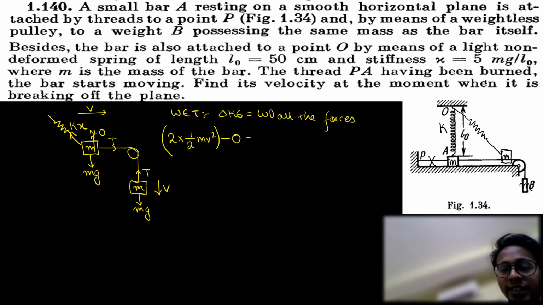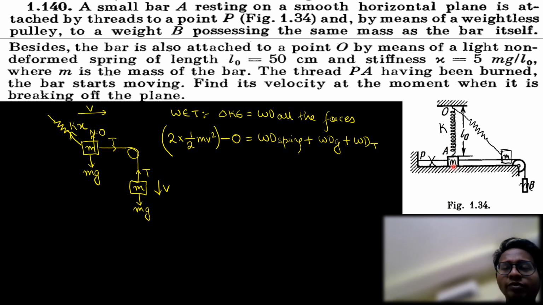What is initial kinetic energy? 0. Both the blocks were at rest. This is equal to work done by spring, plus work done by gravity, plus work done by tension, plus work done by normal.